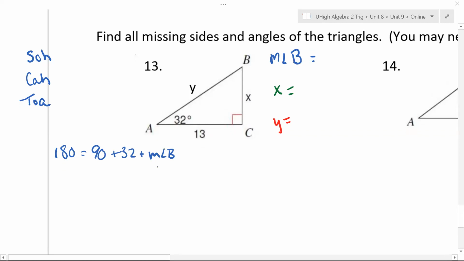So I would do 180 equals 90 plus 32 is 122 plus the measure of angle B. I'm going to subtract 122 from both sides. So when I do that, I'm going to find that 58 is equal to the measure of angle B.